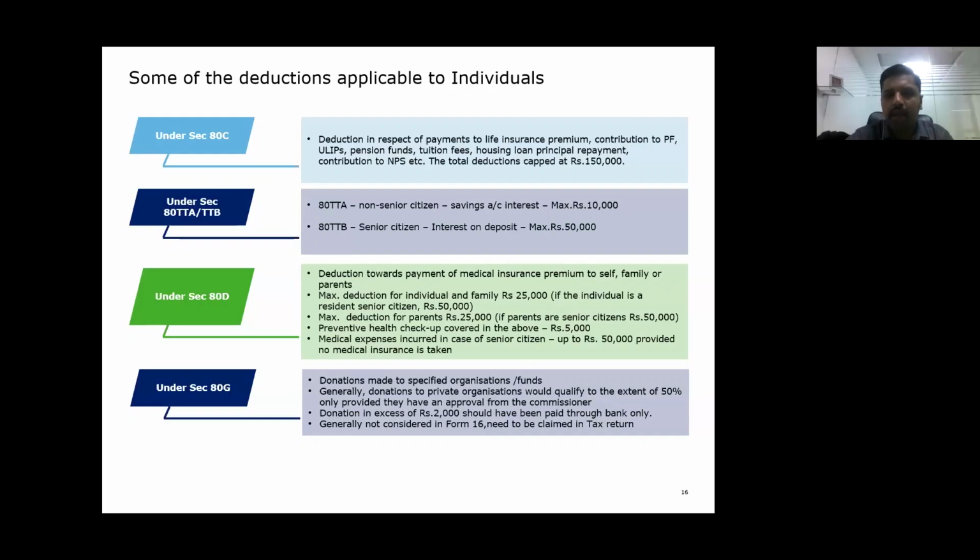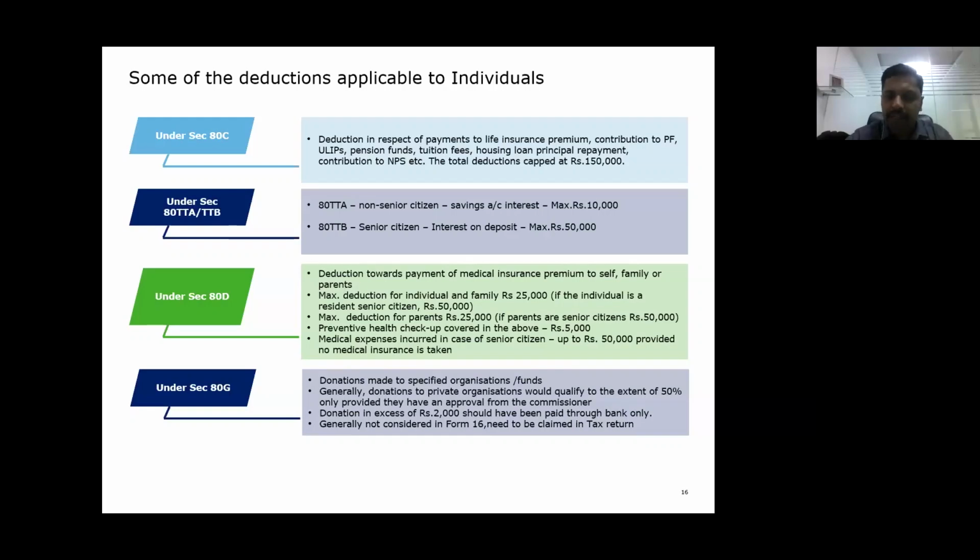And there is an additional proviso which says that in the case of senior citizens who are not covered under any medical insurance, if medical expenses are incurred, then a deduction is available up to rupees 50,000. So it is very important that there has to be no medical insurance for them. Only in that case, medical expenses to the extent of 50,000 are allowed as deduction.